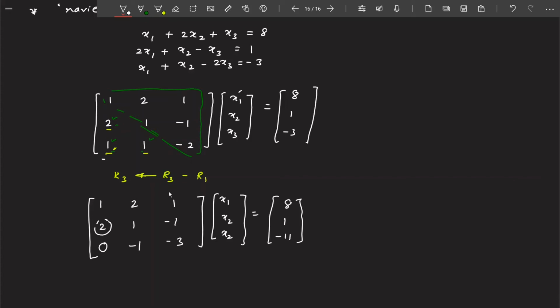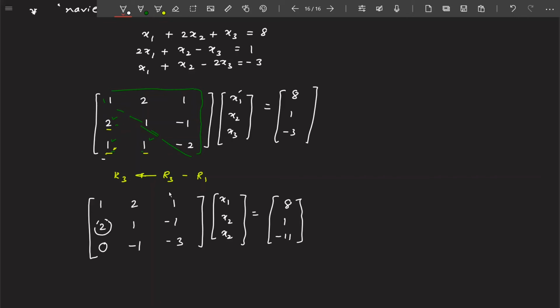Now understand one thing. What you have to do is first make this element 0, not this element. Because if you try to make this element 0 first, you will get some value here as well, so the value of 0 will change. So you have to be careful. This kind of mistake I see students making.